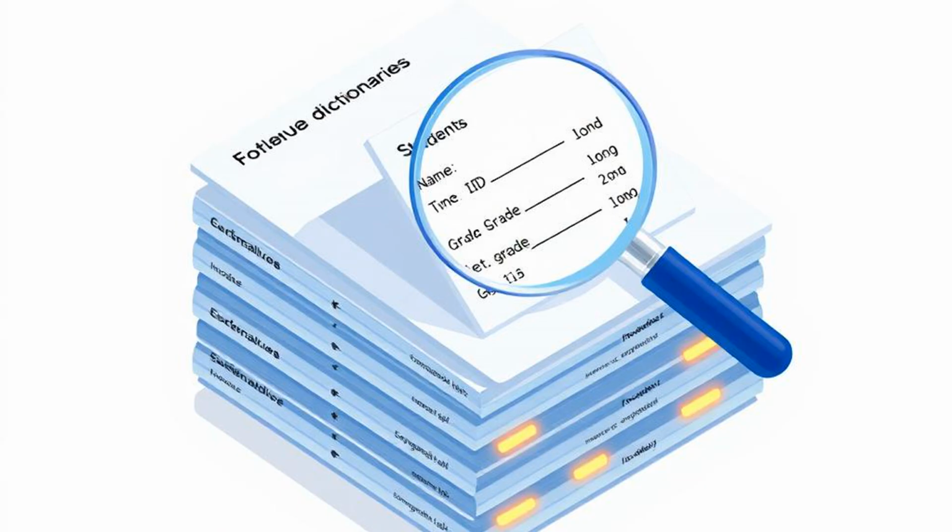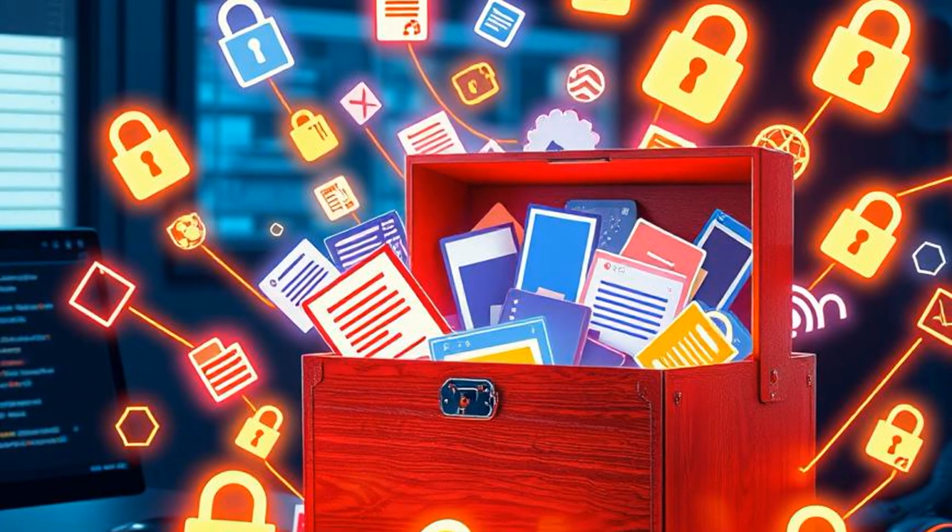The real power of lists and dictionaries often comes when they are used together. A very common and powerful pattern in programming is to have a list of dictionaries, where each dictionary represents a distinct record or object. For example, you might have a list of students, where each student is a dictionary containing their ID, name, and grade.